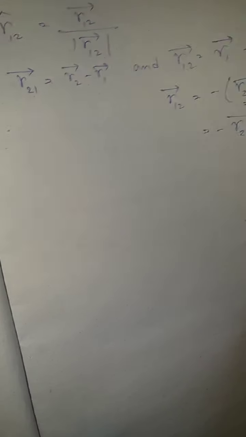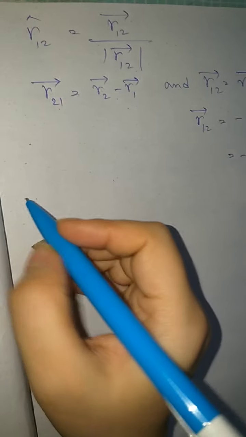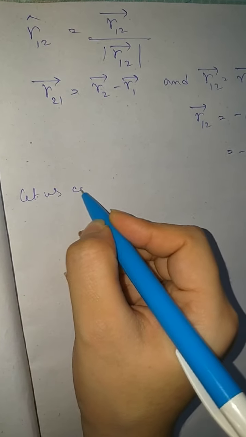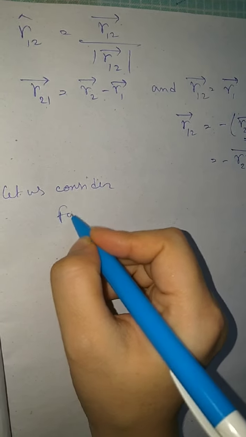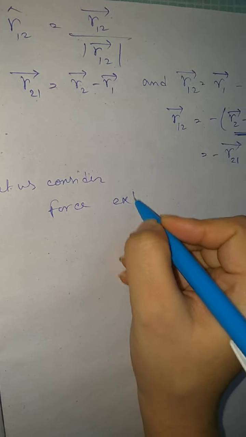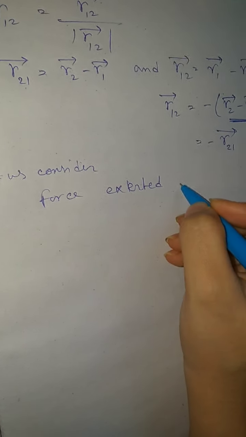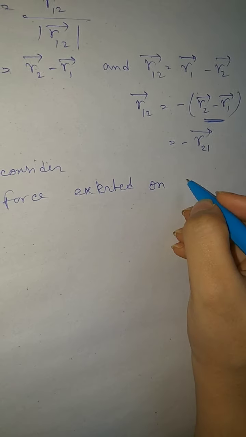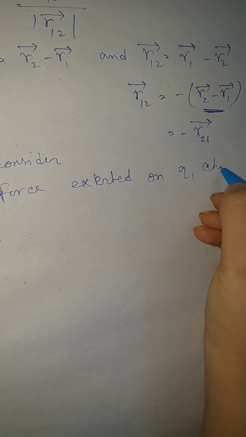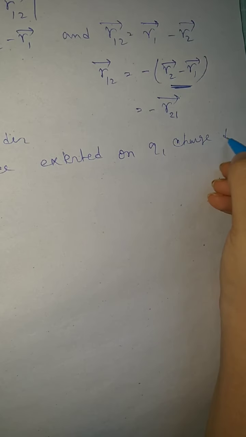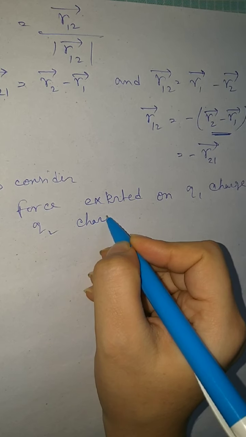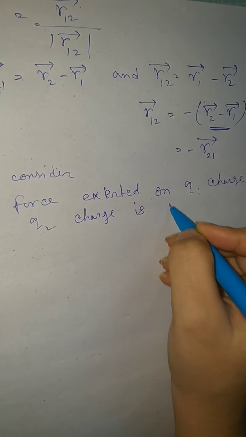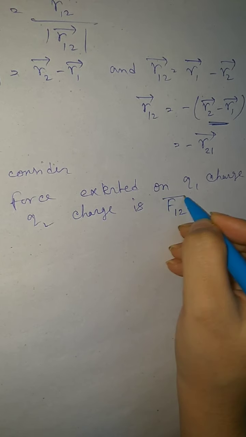Okay. So now let us consider a force exerted on Q1 charge due to Q2 charge is F12 vector.